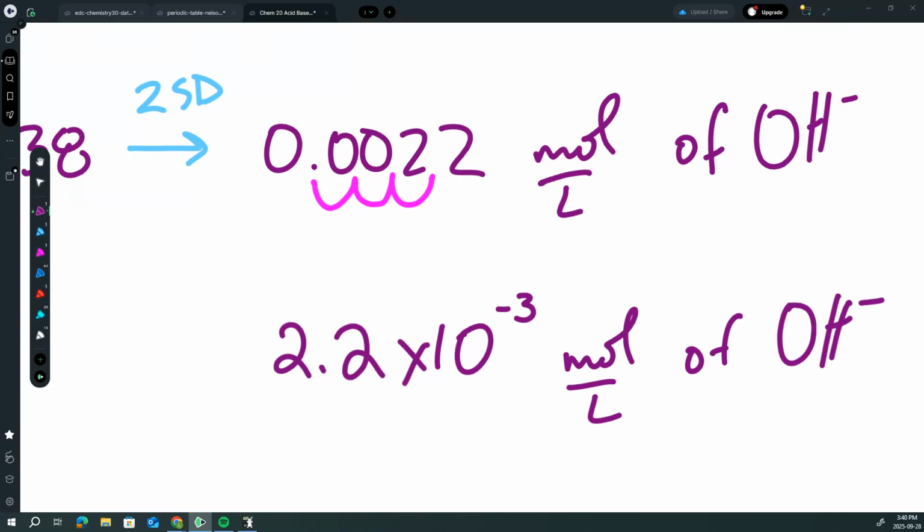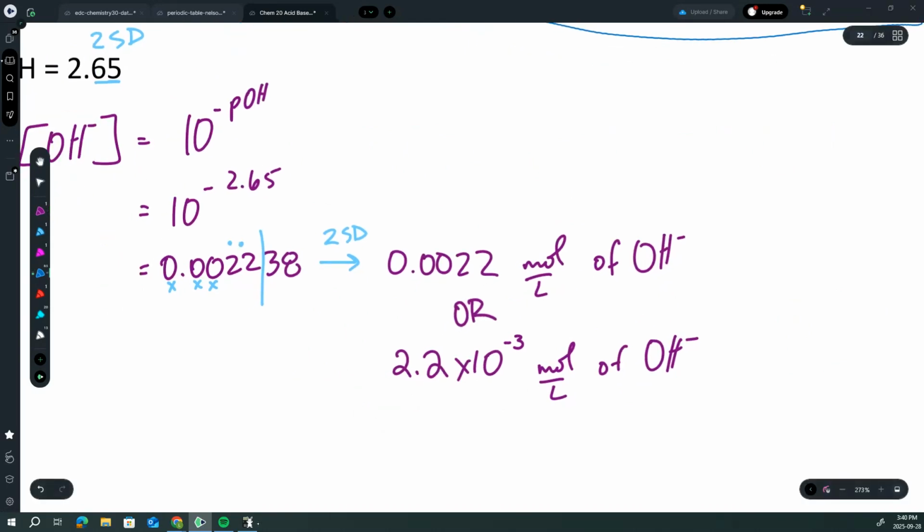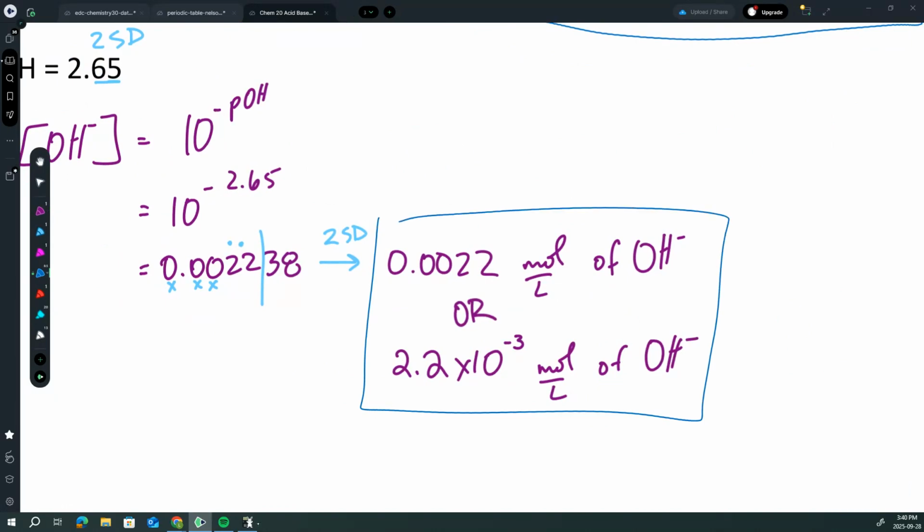Both are right. The exponent here is negative because our original number is between 1 and 0. So that's why the exponent is negative, to just show that this number is a small number and not a big number. Because if the exponent was positive, that would mean it's a big number. So either or, both of these are right.